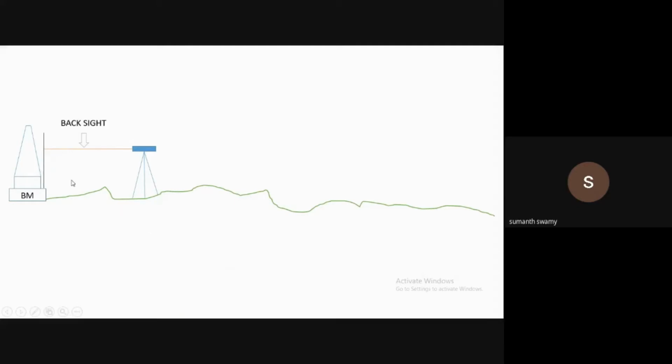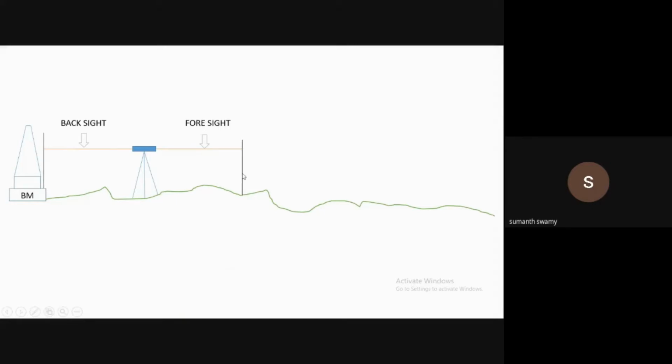The reading is recorded. Later, without changing the instrument position, the staff is kept at the next point and the reading is recorded again, called the foresight. The foresight is taken at the maximum distance where the staff is visible to the telescope. In between, intermediate readings can also be noted.